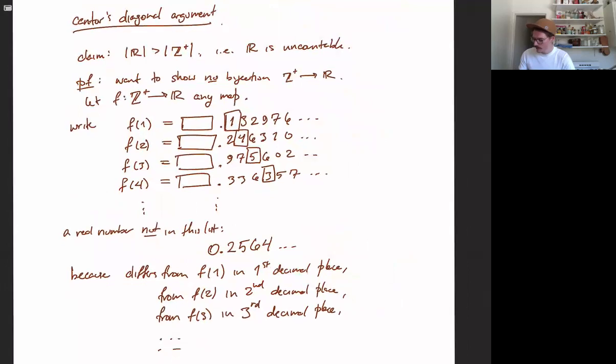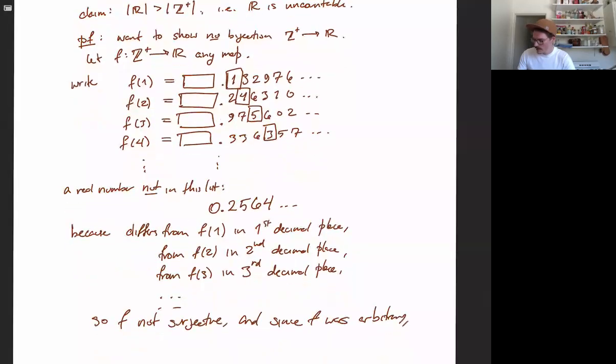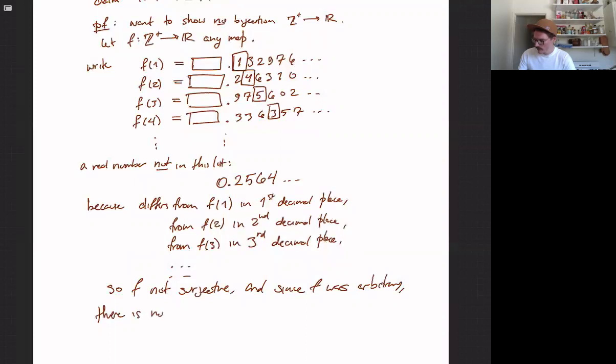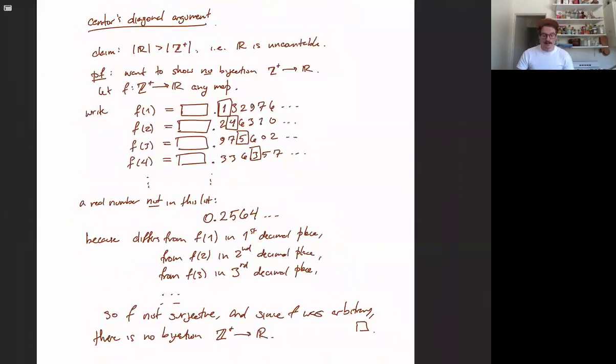So we conclude, f is not surjective, and since f was arbitrary, there is no bijection from the positive integers to the real numbers. And this proves that the real numbers are uncountable.